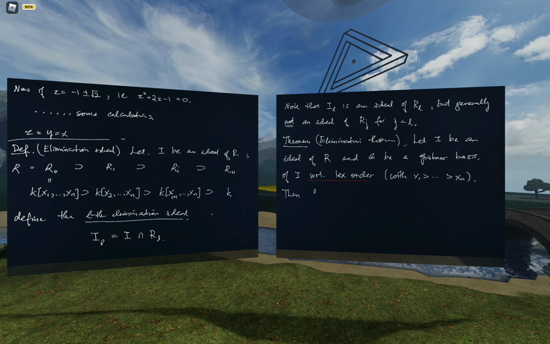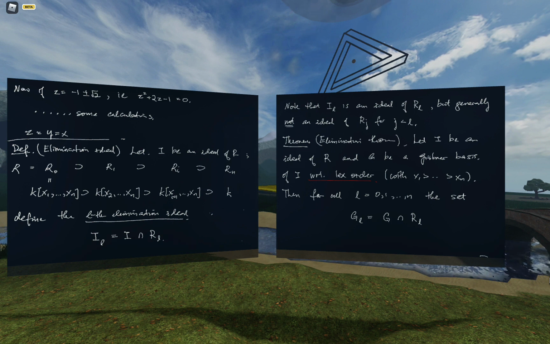Then for all L equals 0, 1 to n, the set GL, so we're just intersecting the Grobner basis, which is a set of finitely many things, with RL.